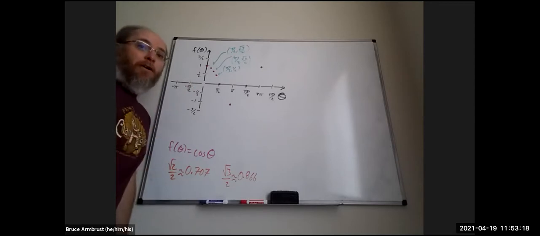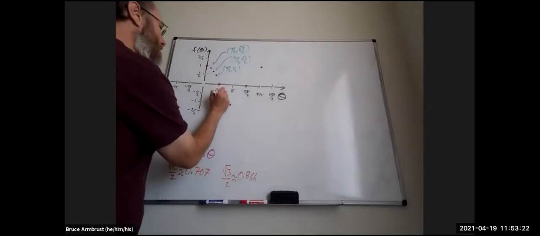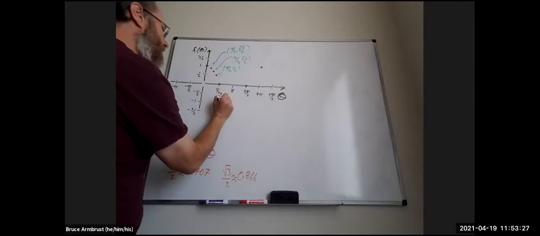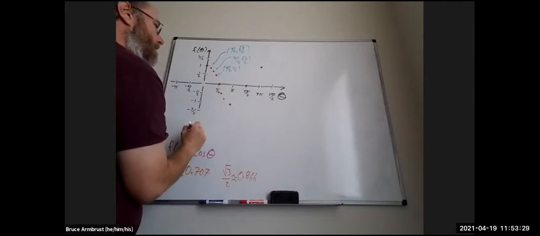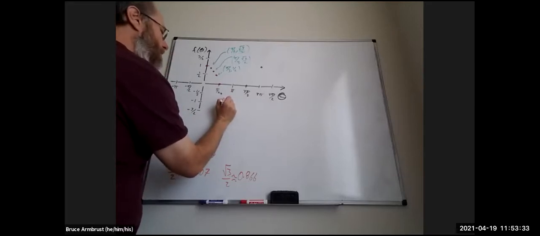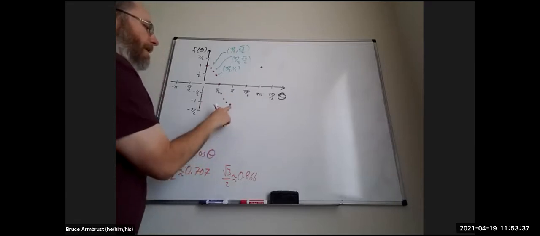Okay, so keep going. When we move to the next one, 2 pi over 3, we're going to get -1/2. 3 pi over 4, we get -0.707. At 5 pi over 6, we get -√3/2, so -0.866. At pi, we got -1.